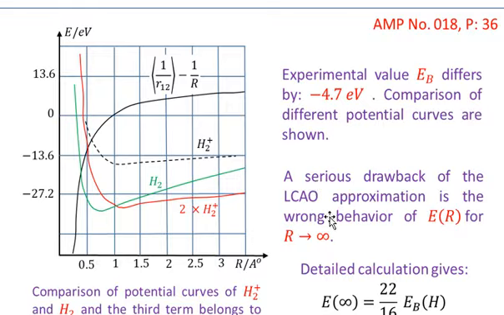A serious drawback of the LCAO approximation is the wrong behavior of E(R) for R going to infinity.